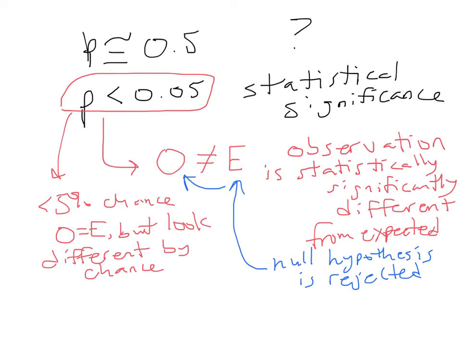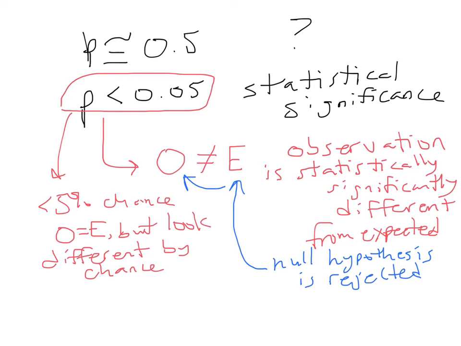Put one more way, when you have a statistical test where the p-value is less than 0.05, that means there's a greater than 95% chance that the result is true, that the observed values do not match the expected values.